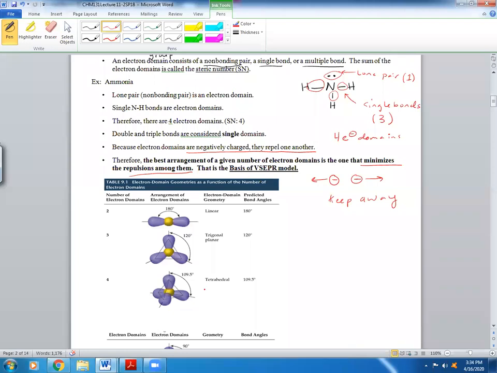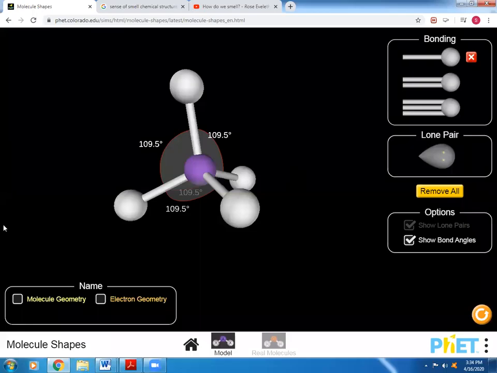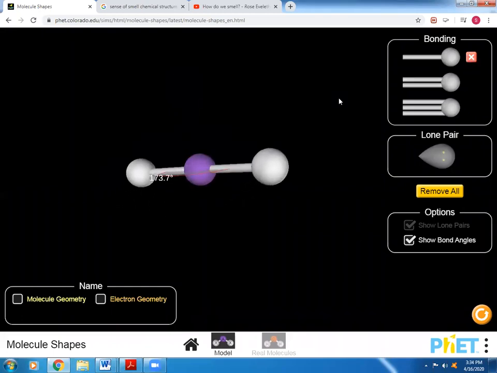Okay, so here they are. These are the models. And then we're finally going to jump now to the molecular geometry. But just to give you an idea of the theory behind it, let's just go back to, okay, so let's begin. If you have 2 bonding pairs, 2 electrons, you can't have, you know, just like this right here.